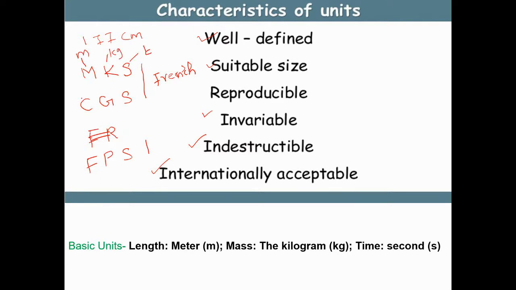Here the C stands for centimeter, G stands for gram, and S stands for second. And F stands for foot or feet, P stands for pounds, and S stands for second. So in some countries they are following this method, but what we are always using is the MKS system.